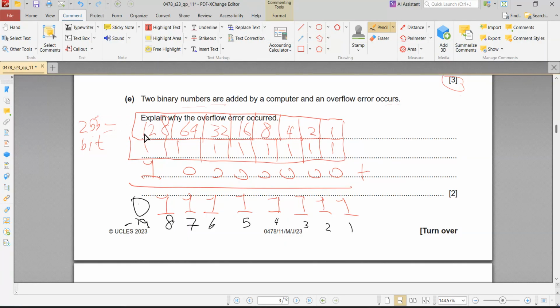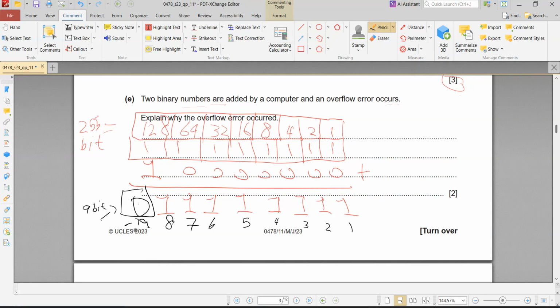We said that the addition of those gives me 255, right? So this number is not 255. I'm going to see that I have an overflow digit here, giving me 9 bits.